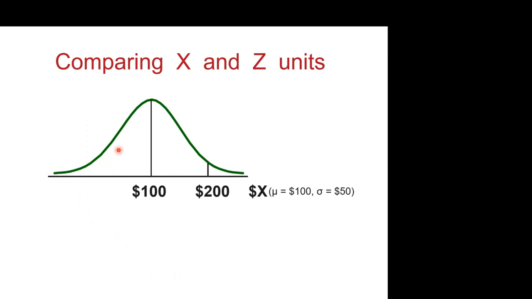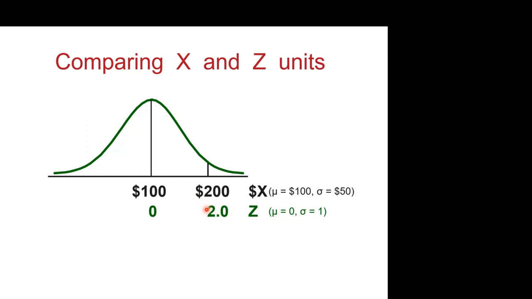If we were to plot this in diagrammatical form, we know earlier that the x distribution has mean equal to 100 and standard deviation equal to 50. We would like to know the value of z for x equals 200. We have done the calculation: when x equals 200, the standardized z will be equal to 2.0.